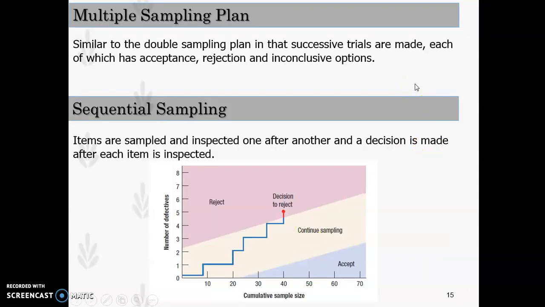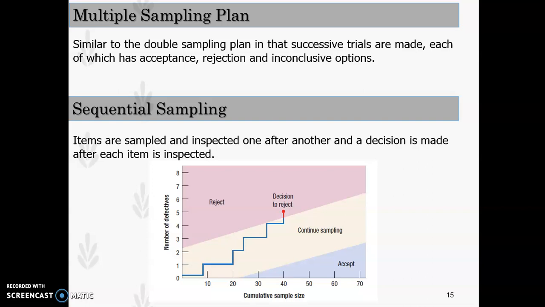After that, the multiple sampling plan is a continuation of the double sampling plan. After the second time you pick the sample size of 200, for example, if you still cannot reach the conclusion to reject or accept the lot, you have to take a third sample.